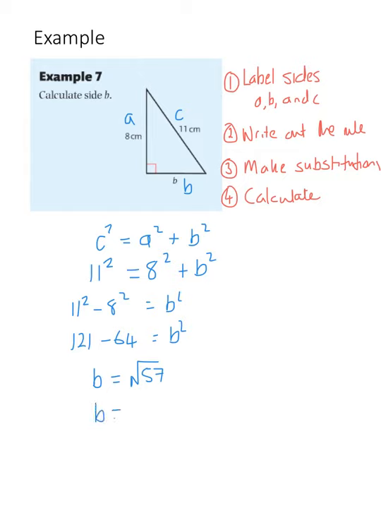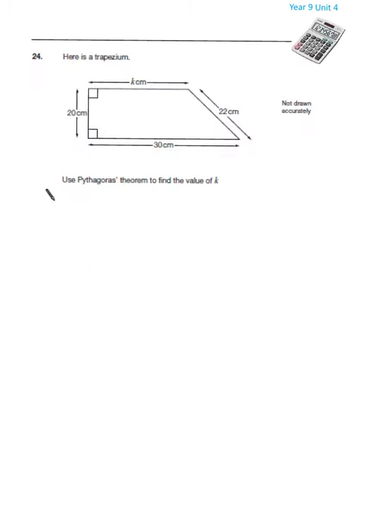So therefore B equals 7.55 centimetres to 3 significant figures.